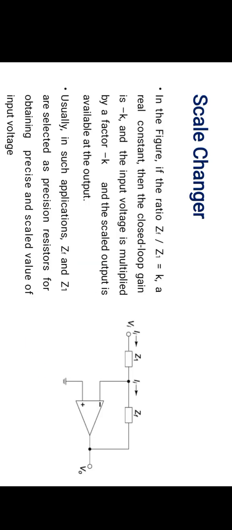Next, the scale changer. In the figure, the basic inverting amplifier, if RF by R1 equal to K, then gain equal to minus K, where K is a real constant, and the scaled output is available at the output.